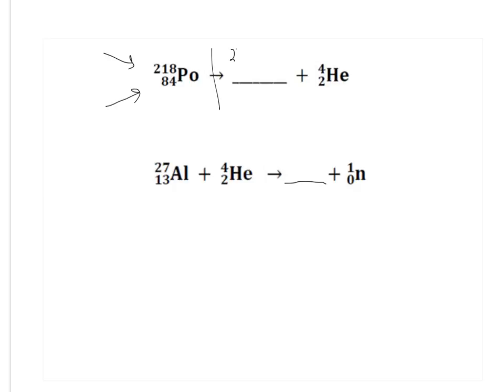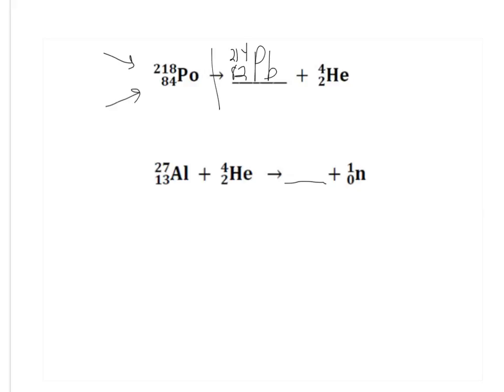So that would be 214 up here. And then 84, something over here on this side, something plus 2 has to equal 84, so 82. So then what element is that? What element is 82? Lead. Oh, it's lead. So lead.